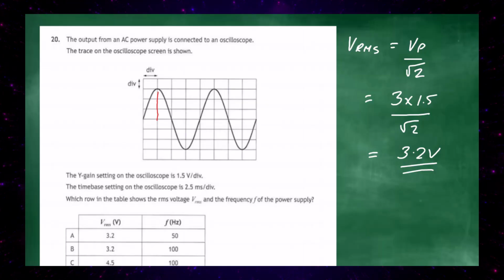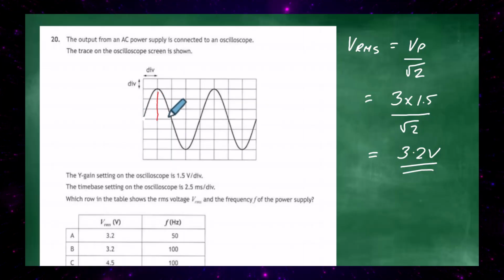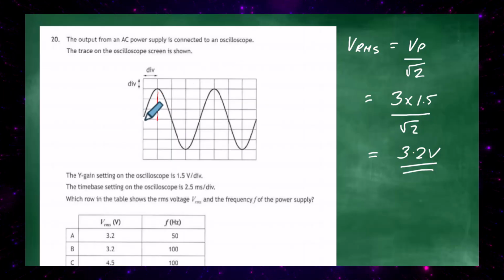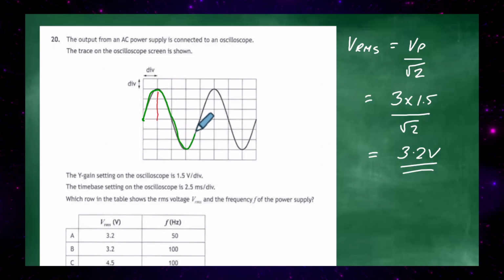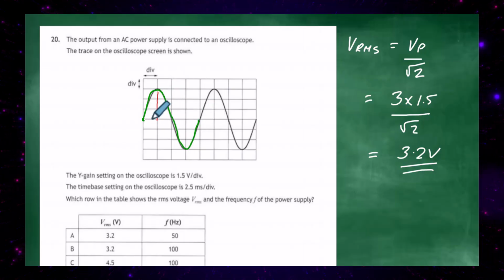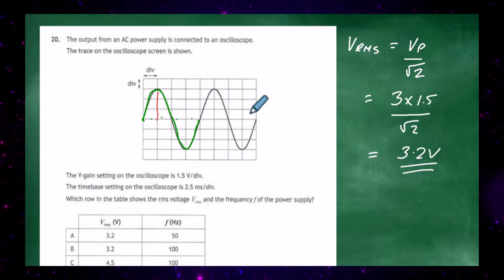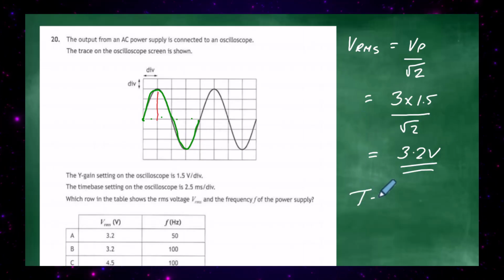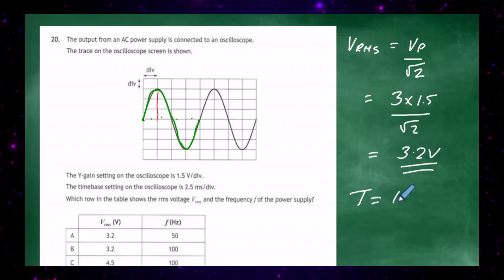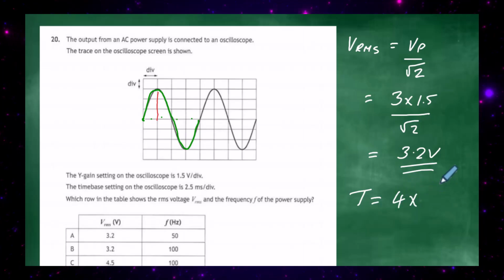Now, how do we calculate the frequency of the supply? Well, we do the same thing. We identify one complete cycle. If we do one complete cycle, it's from starting here all the way up, all the way down to the turns. One complete cycle covers 1, 2, 3, 4 boxes. So we can work out the period of the wave. Period T is going to be 4 boxes multiplied by what one box stands for.